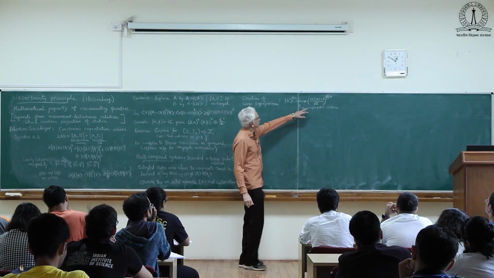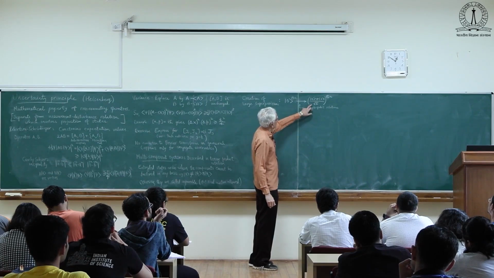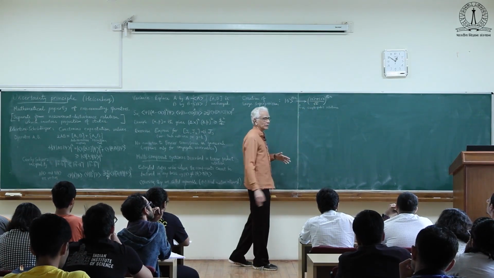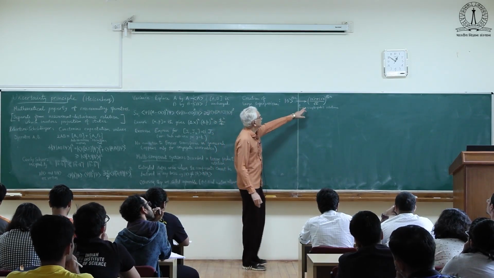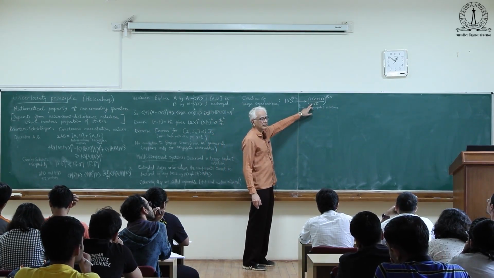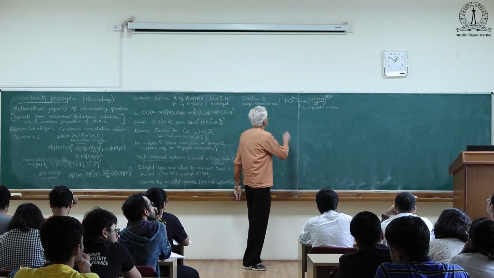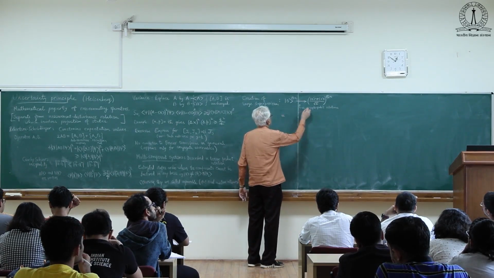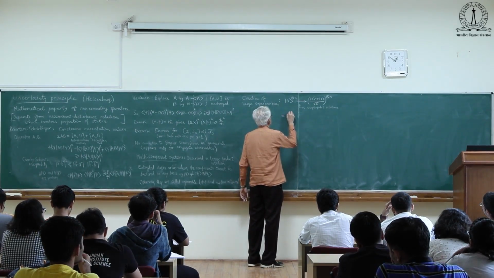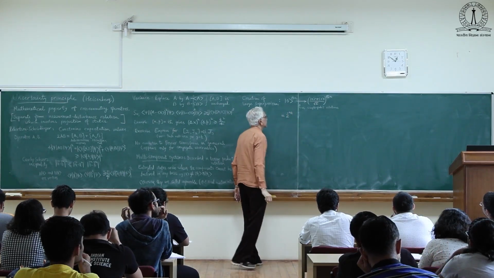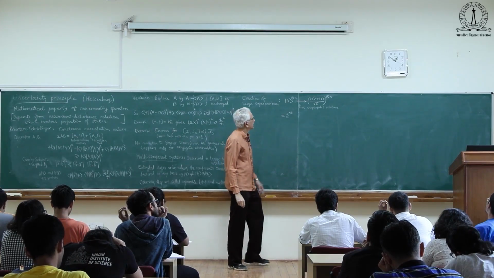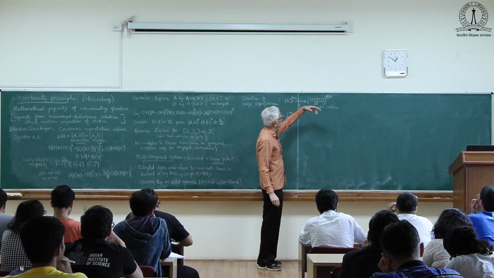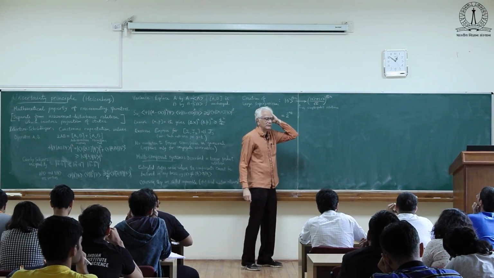And now you try to write it down by brute force. What does this product contain? Then you will discover that there is a normalization, which I just put outside. And what is (0 plus 1) to the power n?